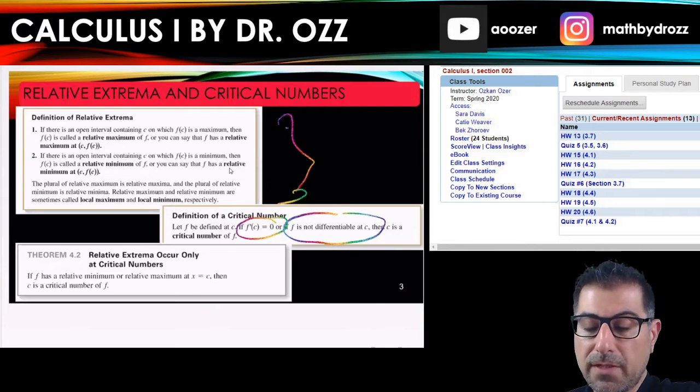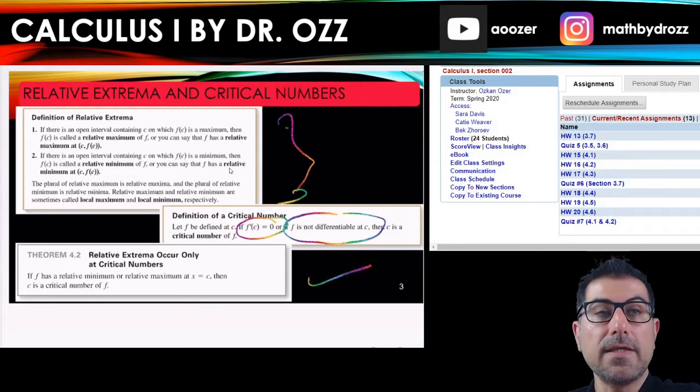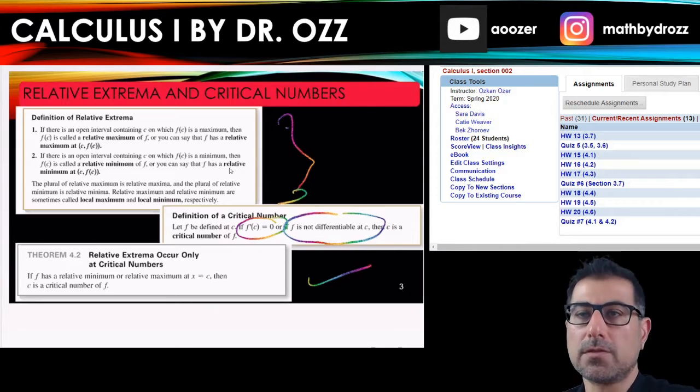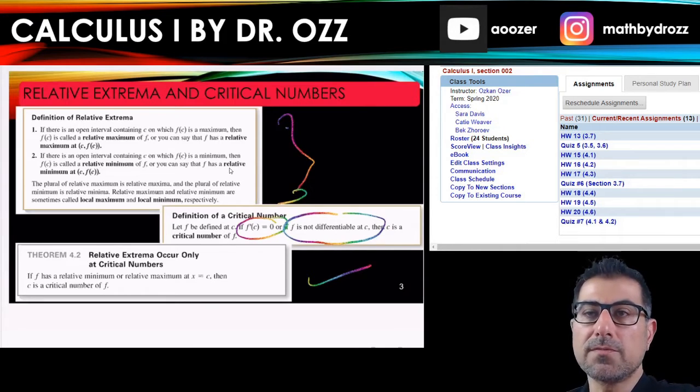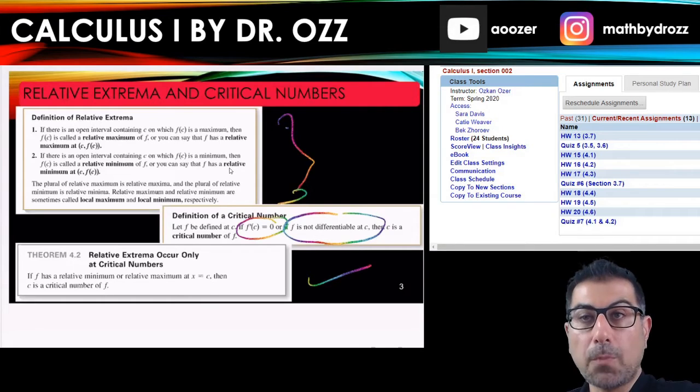So by defining the critical point, we had this fact listed here: if f has a relative maximum or minimum at x equals c, that point has to be a critical point. So you see how important it is to come up with the critical points, because if your function has relative extrema, those points have to be critical numbers.